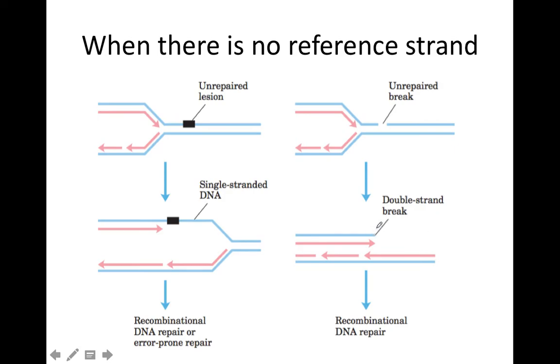So the effect is you have a double-stranded break here. So what does the organism do? It goes for recombinational DNA repair, which will be further discussed in the next slides.